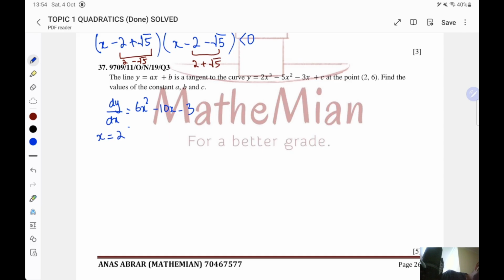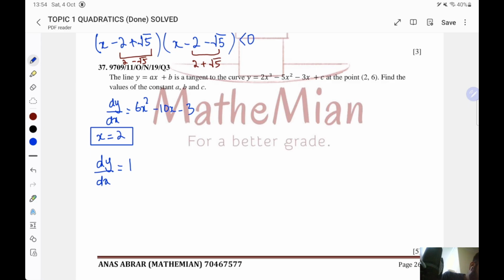So if I substitute x as 2 in here, it will be 6 times 4 minus 20 minus 3. So dy by dx will be 1.